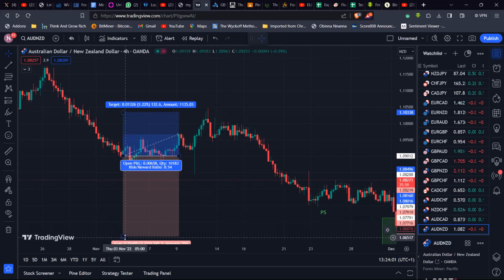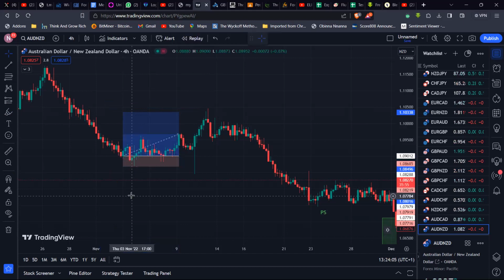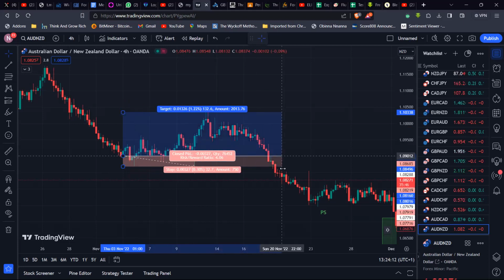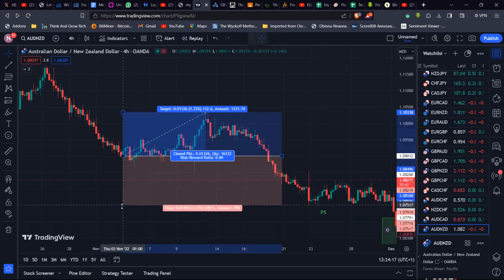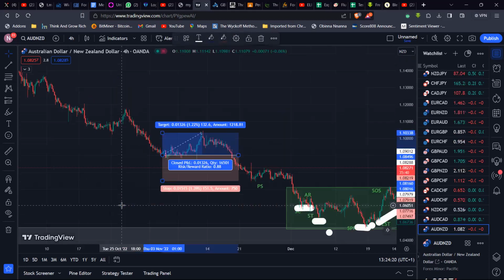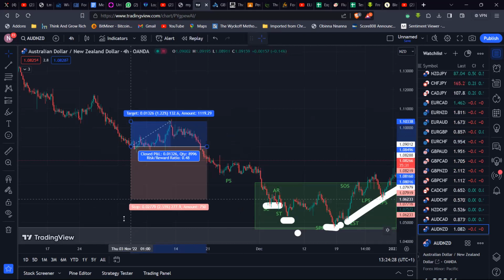If he had used stop loss, maybe it would have taken the person out here or maybe here. But because he didn't use stop loss, what do you think is happening as price is going down? The loss is getting bigger. So all of a sudden, a loss that could have been $100 is now looking like $2,000. And then you start praying. You go to church and you're praying, God, please let this thing just go up.